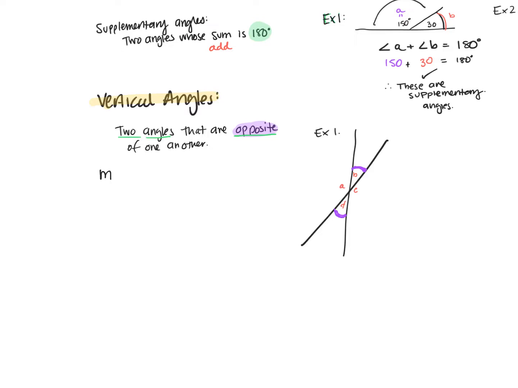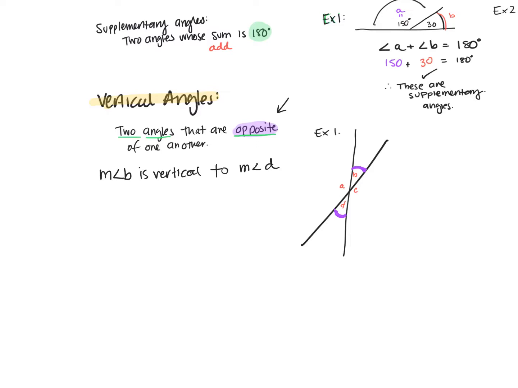You would say measure angle B is vertical to measure angle D, or that measure angle B and measure angle D are vertical angles. Why? Because they are opposite, using your definition.